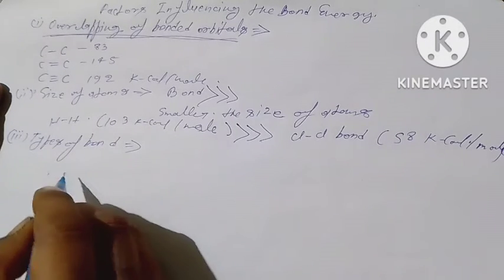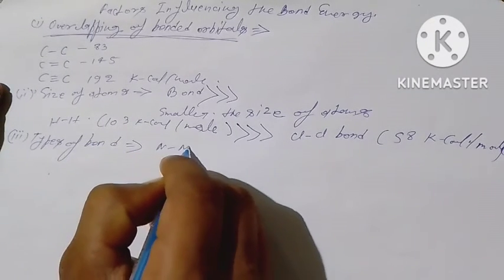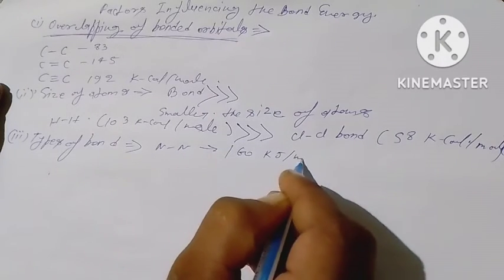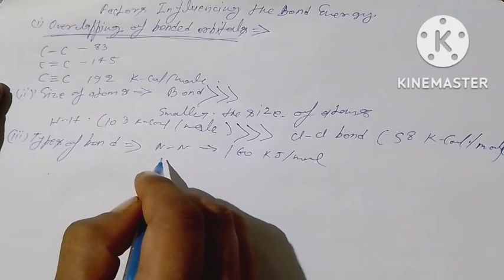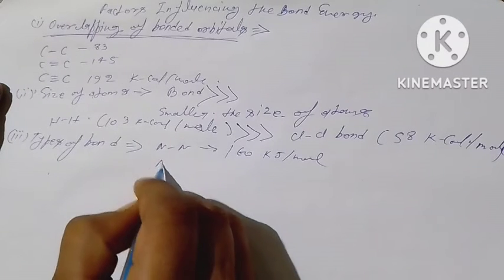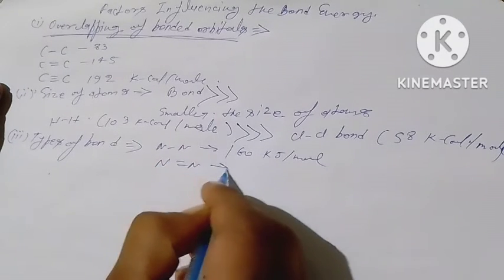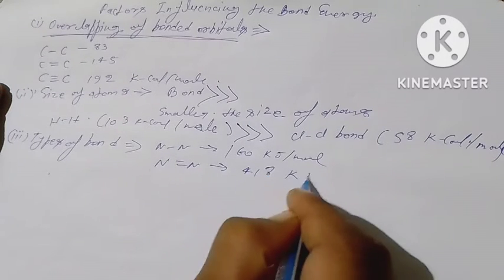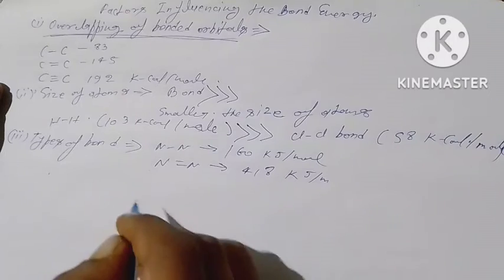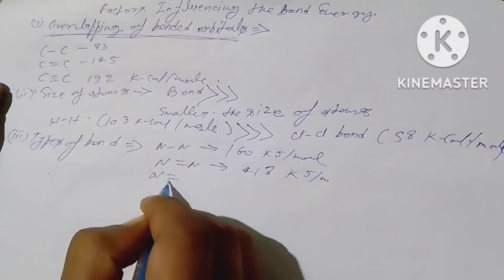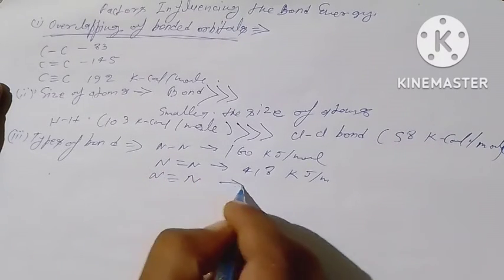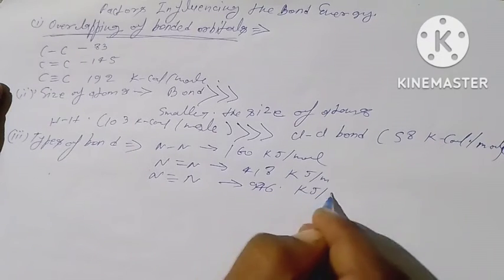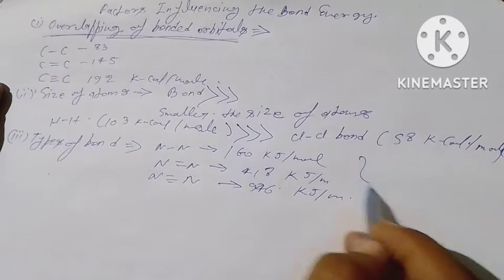As an example, nitrogen single bond nitrogen is 160 kilojoule per mole, nitrogen double bond nitrogen is 418 kilojoule per mole, and nitrogen triple bond nitrogen is 946 kilojoule per mole.